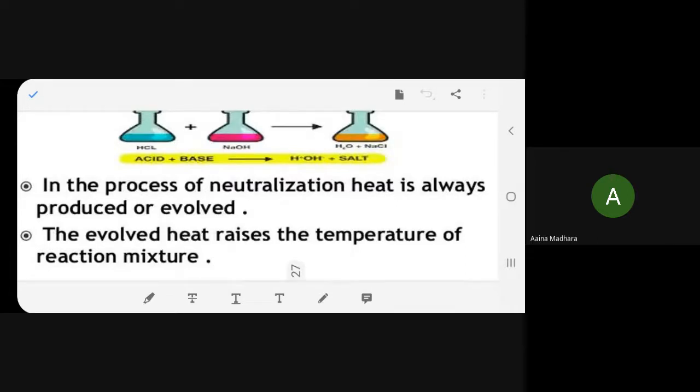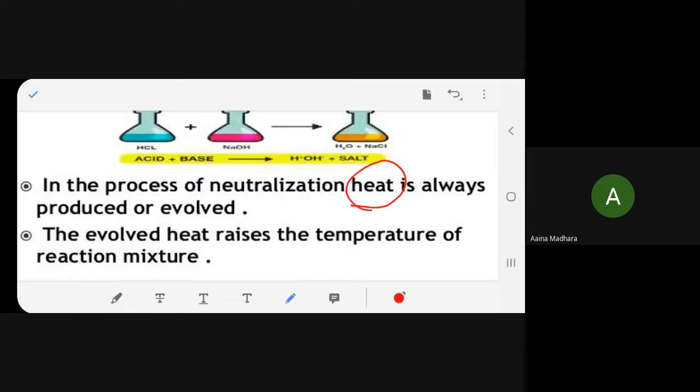Please start reading. In the process of neutralization, heat is always produced or evolved. The evolved heat raises the temperature of the reaction mixture. Whenever you are doing neutralization, what is produced?